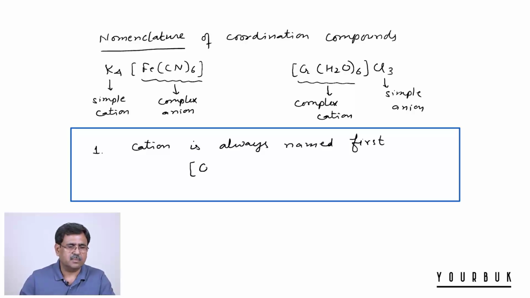So I am taking this example [Cr(H2O)4Cl2]Cl. Now in this case, this is the cationic part, and this cation is not a simple cation, it is a complex cation.